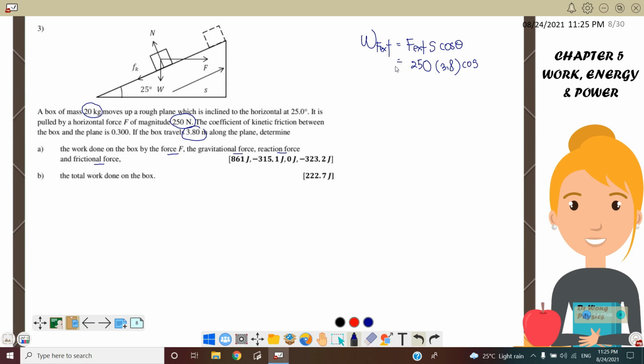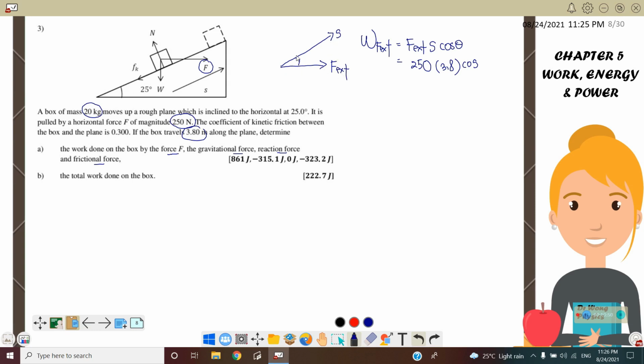The theta here, you must refer back and draw the angle between the force and the displacement. The free body diagram is already drawn, where the normal force is the reaction force. We have F external, the weight, and also the frictional force. So this is our F external. What is the angle between the F external and the displacement?